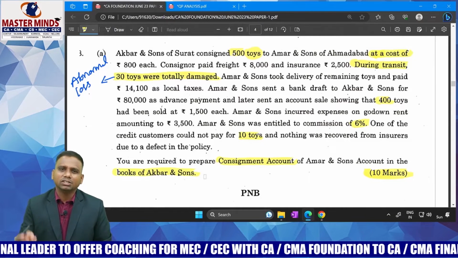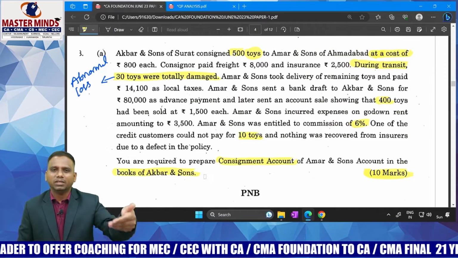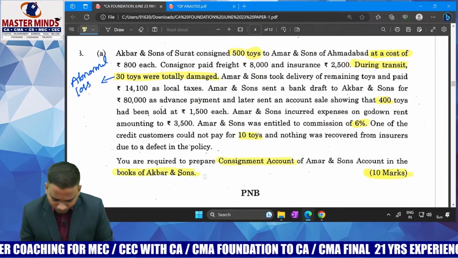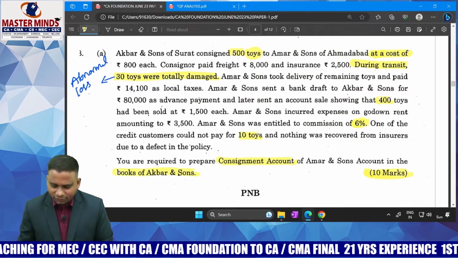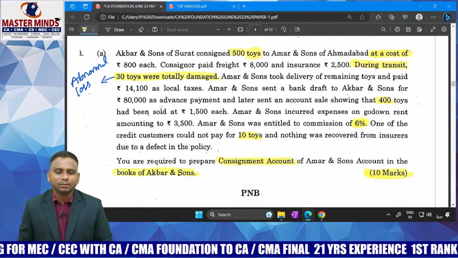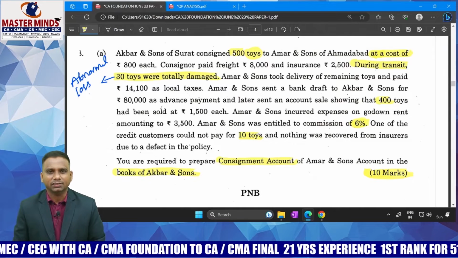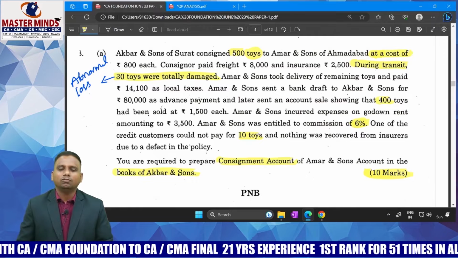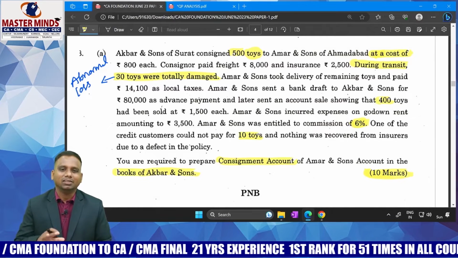If del credere commission is given, then the consignee bears the loss of bad debts. The 6% is only ordinary commission, because they have not mentioned which type of commission it is. So assume it is an ordinary commission. So this loss of bad debts is borne by the consignor himself.